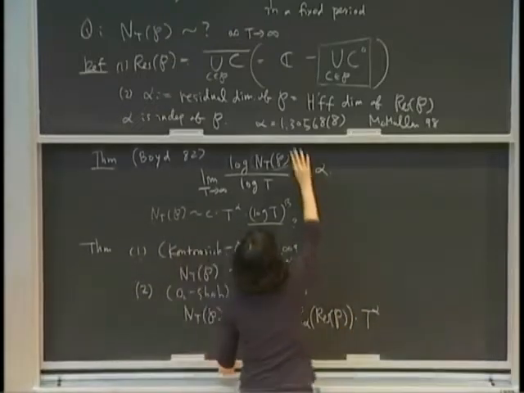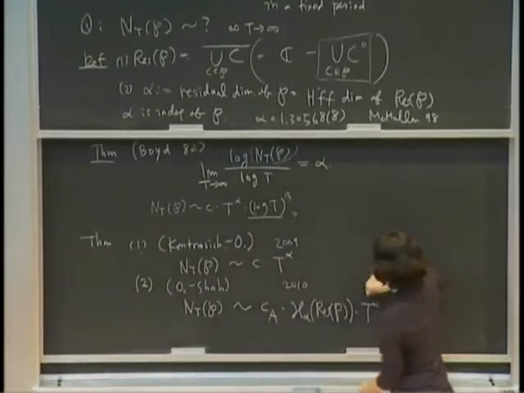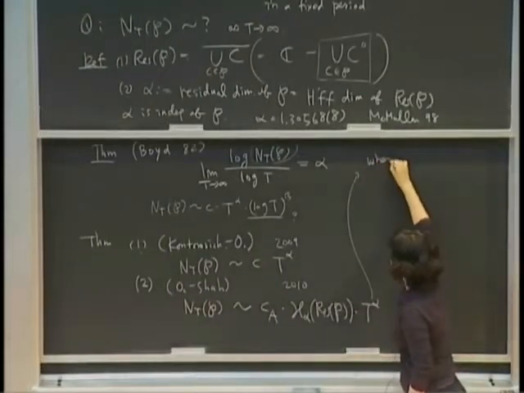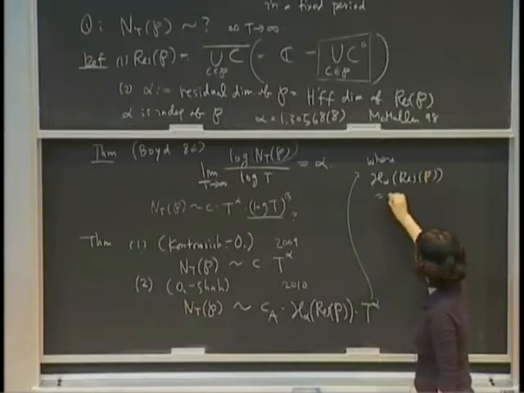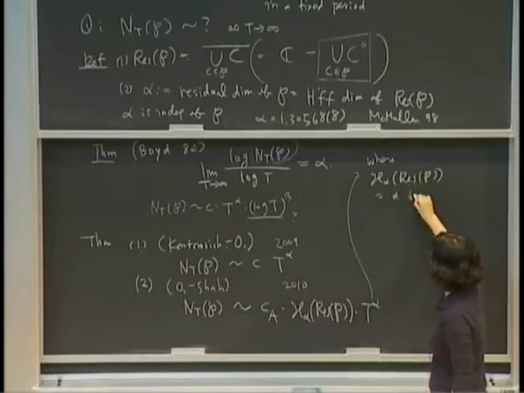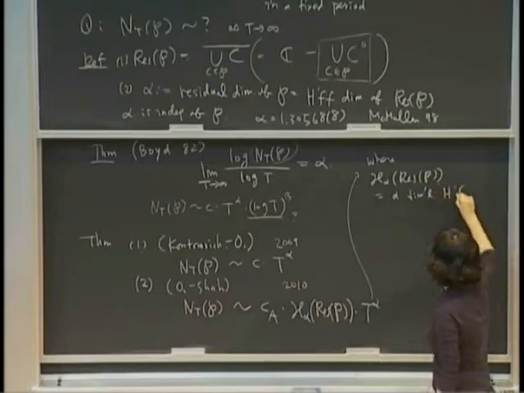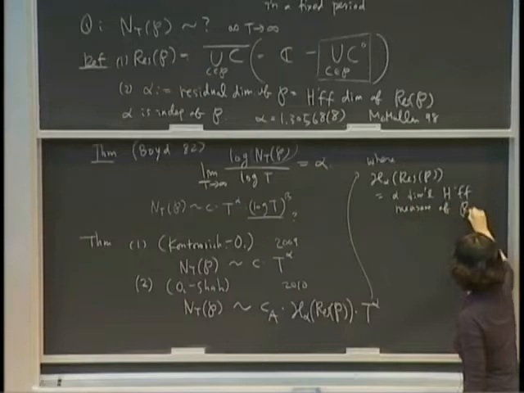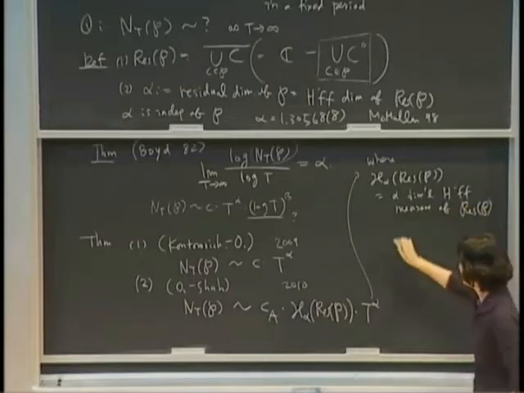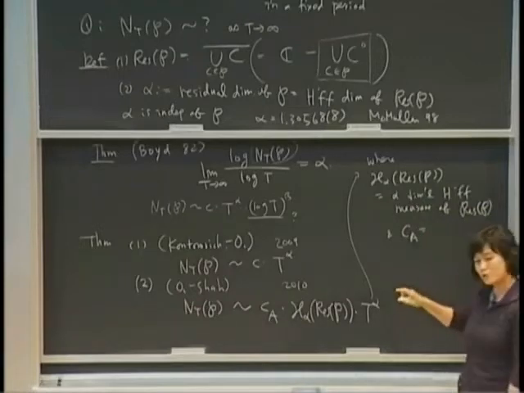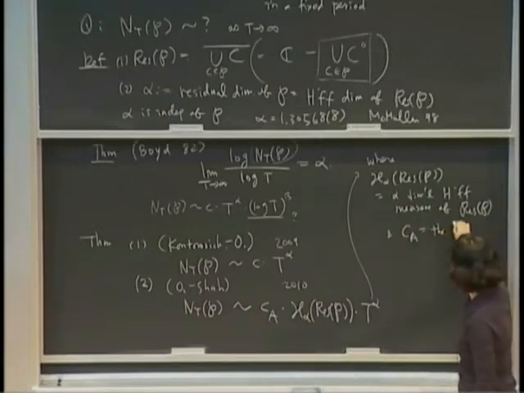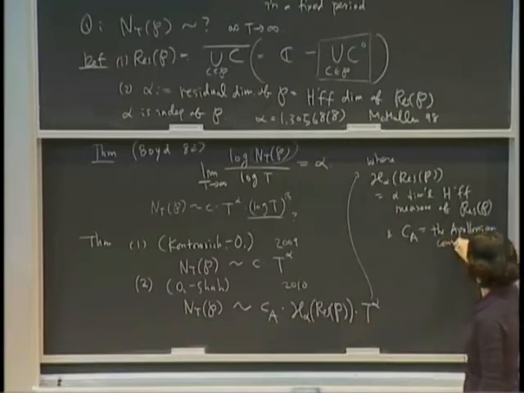Where this H_alpha of the residual set of P denotes the alpha dimensional Hausdorff measure of the residual set of P. And this C_A, this constant which I propose to call the Apollonian constant, is independent of P.